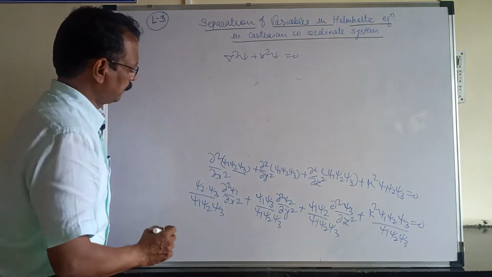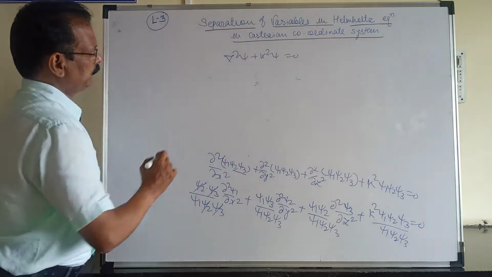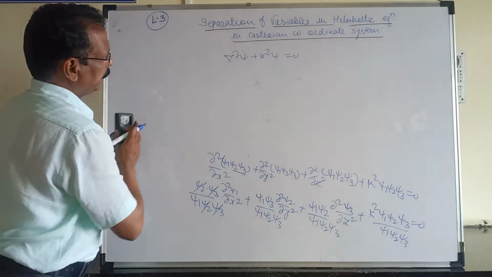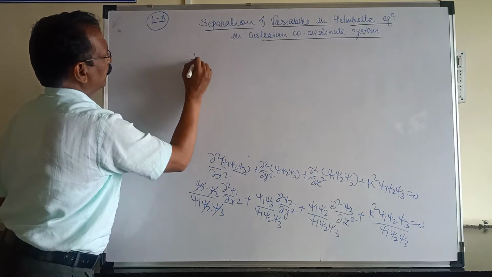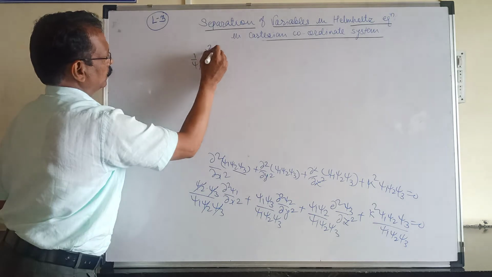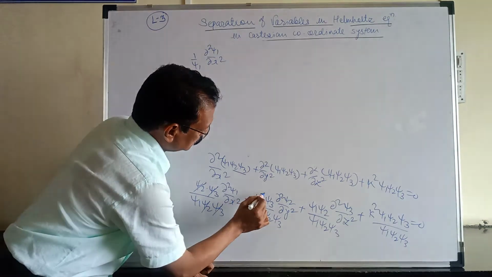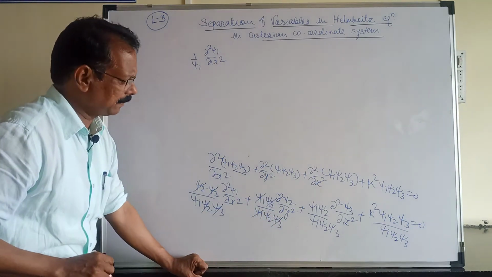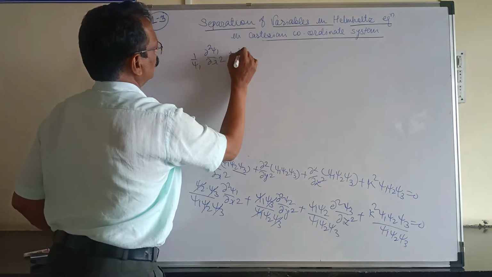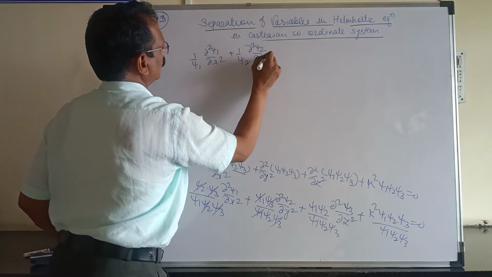Now in the first term, psi 2 and psi 3 get cancelled, remaining 1 upon psi 1. So the remaining term is 1 upon psi 1 d2 psi 1 by dx square plus, now in this case psi 1 gets cancelled with psi 1 and psi 3 with psi 3, so the remaining term is plus 1 upon psi 2 d2 psi 2 by dy square.